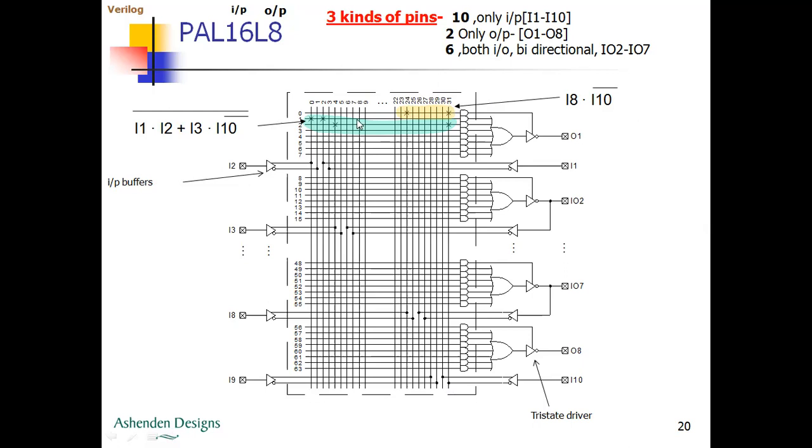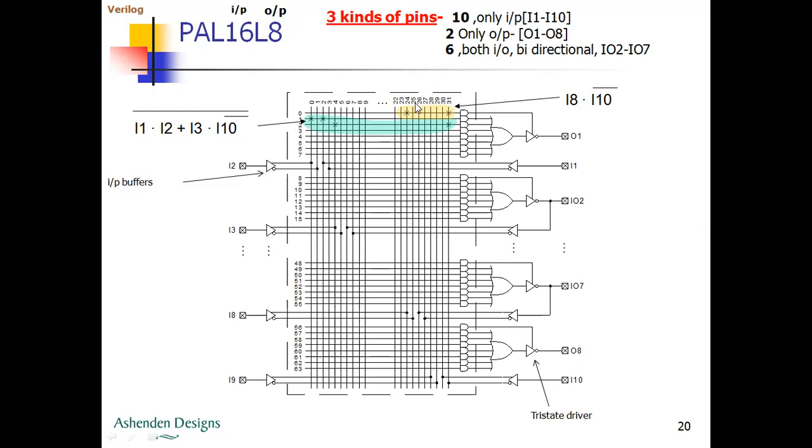Similarly, if you see the vertical line 24, it is here and it is connected to I8. So line 24 takes input from I8. I8 is here and line 24 is here, right?